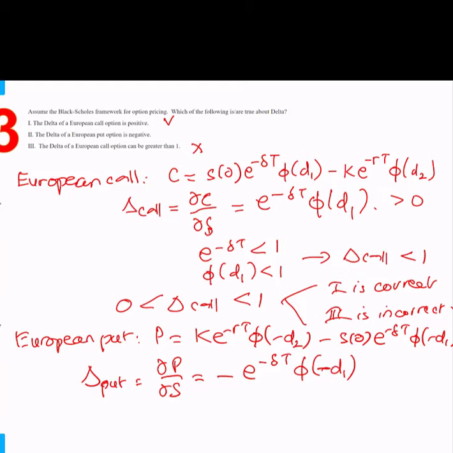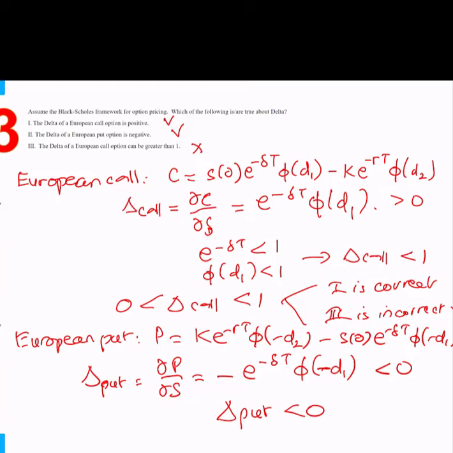Phi of minus d1 represents a probability, so it is positive, and e to the minus delta T is positive. With the minus sign, this is negative. So the delta of the put is always negative. That means 2 is correct.